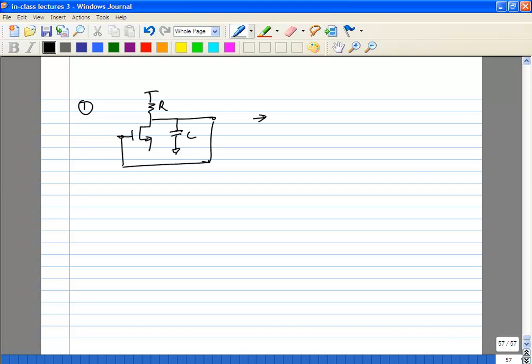So does this circuit oscillate or not? Definitely does not, right? Why? You have a DC phase shift of 180 degrees, and then the RC gives phase shift between 0 to 90 degrees. So you can never get 360 degrees phase shift, right?